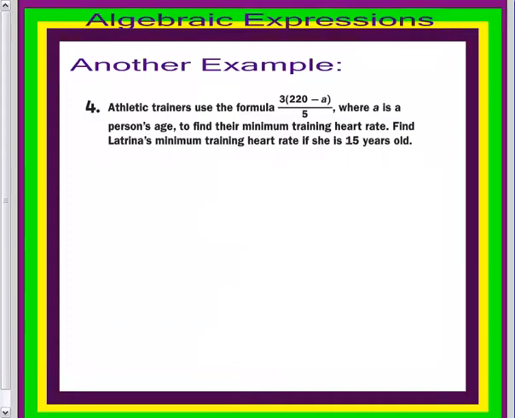Okay, let's try this one. An athletic trainer uses the formula 3 times 220 minus A divided by 5, where A is the person's age, to find their minimum training heart rate. Find Latrina's minimum training heart rate if she's 15 years old. So what we're doing is we're plugging in 15 for A, because that's the age. We're going to divide this whole thing by 5. So we first need to take 220 minus 15 and get 205.